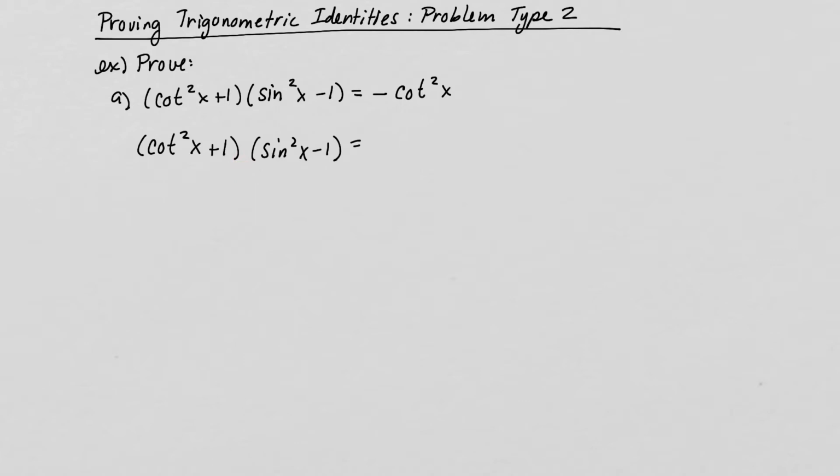It's the Pythagorean identity that says the cosecant squared of x is the cotangent squared of x plus 1. So that's the first thing I'm going to do. I'm going to replace cotangent squared x plus 1 with cosecant. So this is going to be cosecant squared x times sine squared x minus 1. So we did a Pythagorean identity.